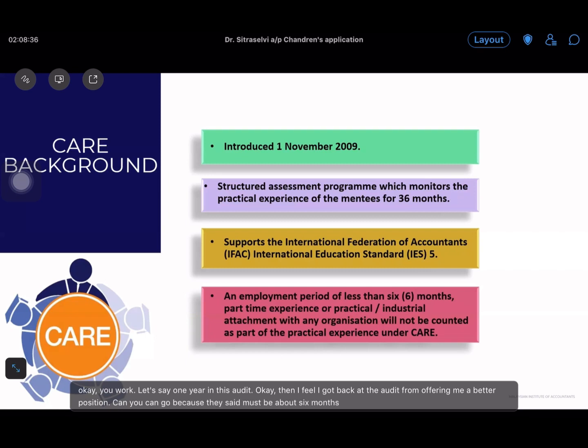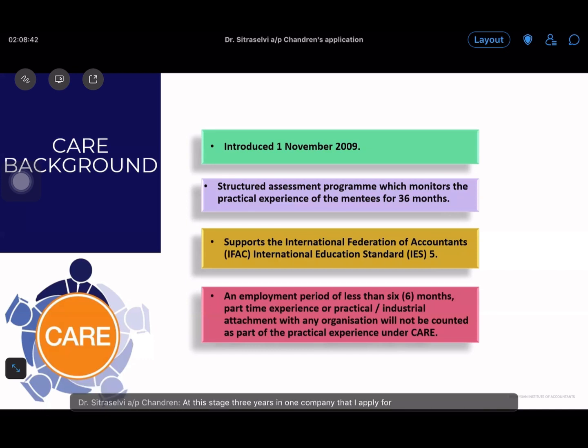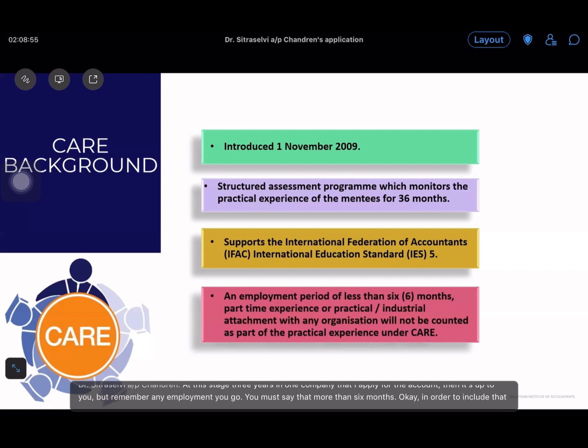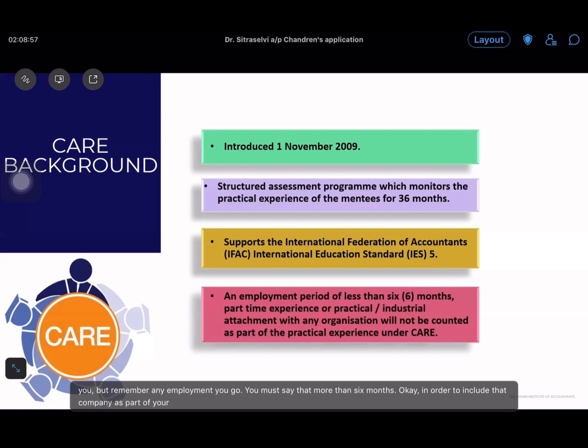Some students will say, I'd rather stay for 3 years in one company than apply for chartered accountant. It's up to you. But remember, in any employment you go to, you must stay there more than 6 months in order to include that company as part of your MIA CARE program. Because some students will stay 36 months in one company only.